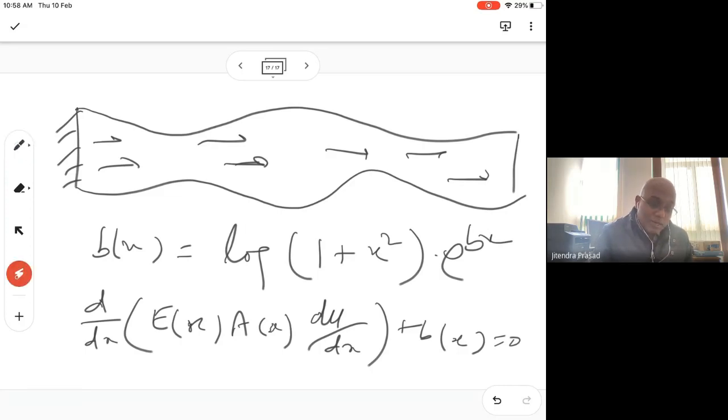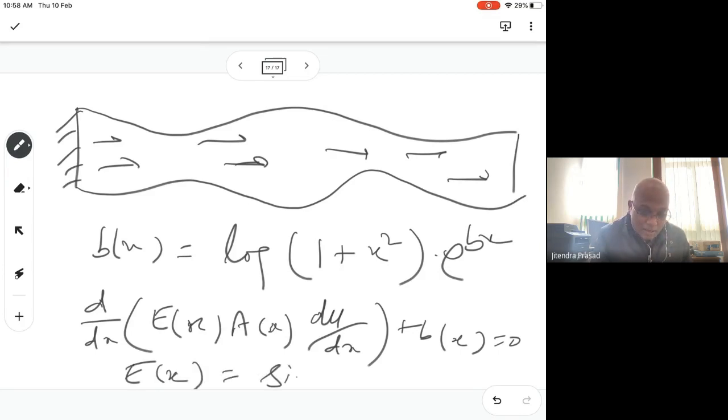Can you integrate it? Very difficult to integrate. If you take bx to that side and then integrate, and let us say you have an even more difficult thing, then even if you integrate this one, you have to divide it by Ex and Ax. Ex, let us say, is equal to sine of beta x, and Ax equal to some even other function, tan alpha x.